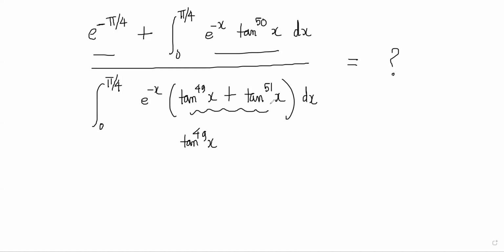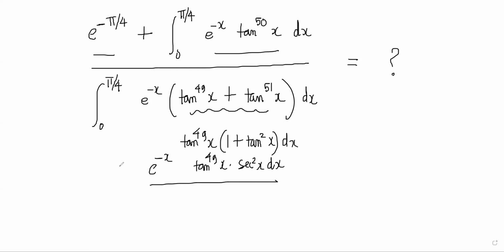And what will it be? 1 plus tan square x, right? So that is sec square x dx, no? Yes, sir. Great. So the bottom integral looks like this, correct? So if you look carefully at the bottom integral, can you think of what method you will use to integrate this?